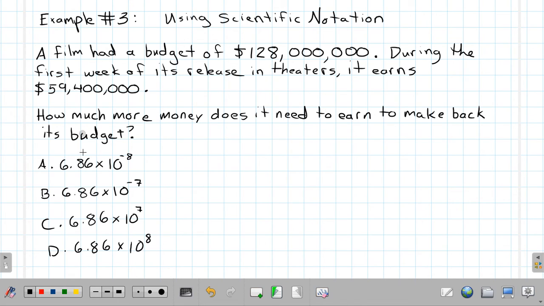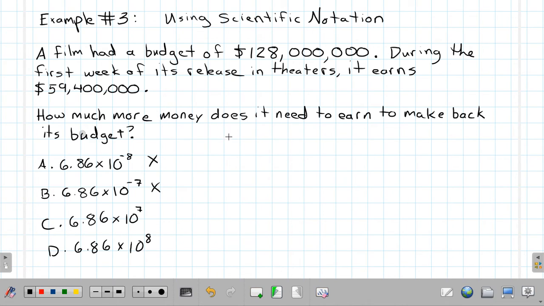So we can go ahead and say that it's not going to be A or B because those are going to be talking about very, very small numbers, because of the negative exponents. So in this case, the answer is either going to be C or D, but let's go through the process here on how we would figure this out.